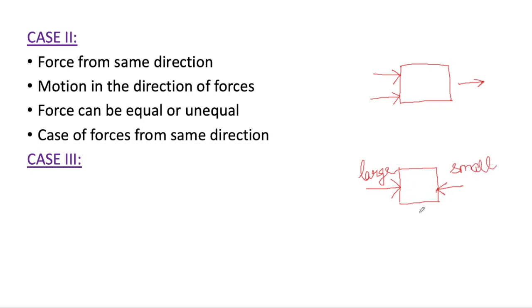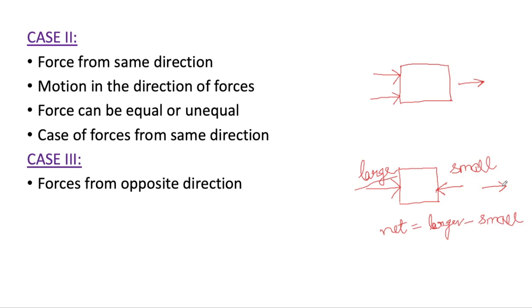So here the net force acting on the object will be the difference in the magnitude of the forces, that is the larger force minus the smaller force, and the object will move in the direction of the larger force, that is towards the right.